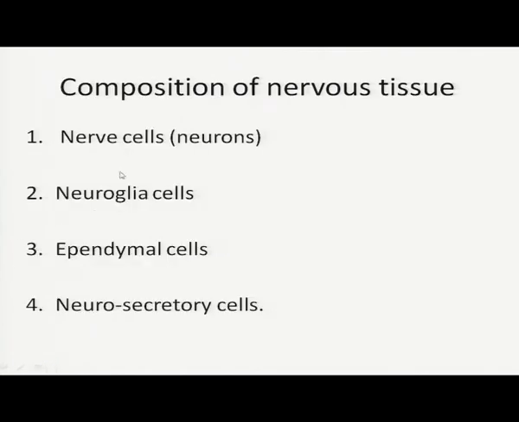Now, regarding the composition of a nervous tissue, it is not only made up of nervous cells. It contains nervous cells, then neuroglia cells, ependymal cells and neurosecretory cells.